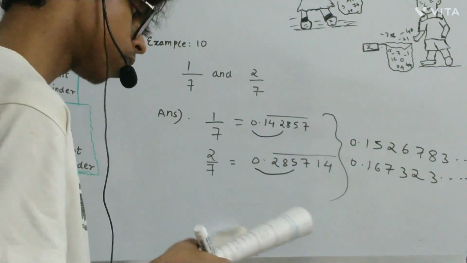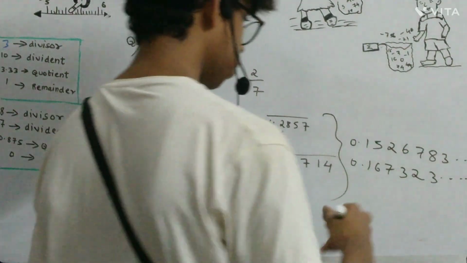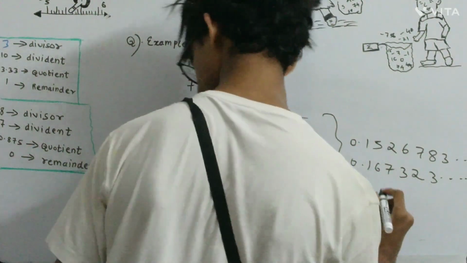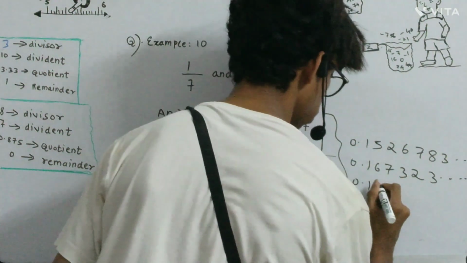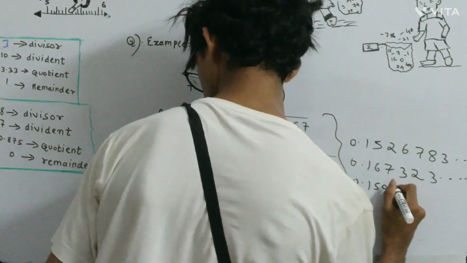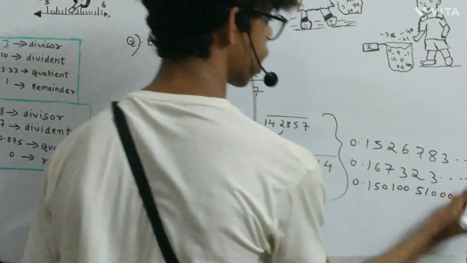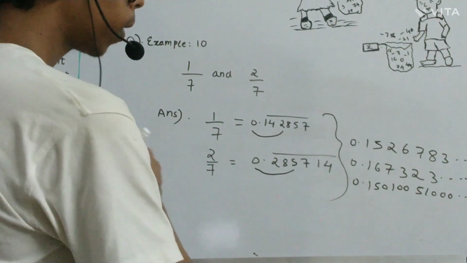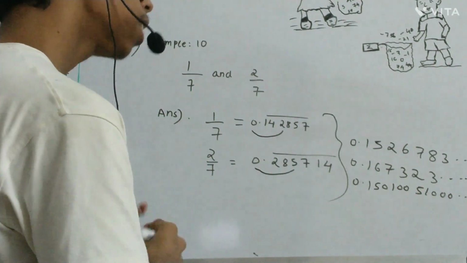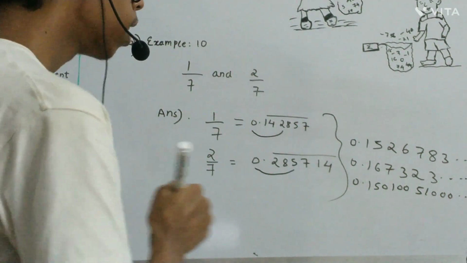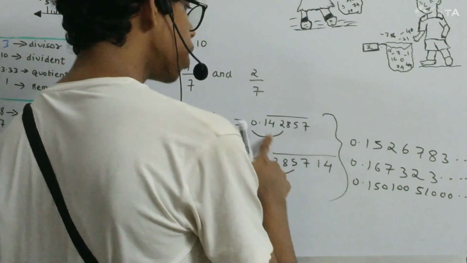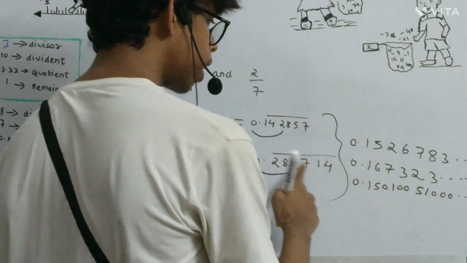Similarly, one example which is given in your text is about 0.15010050001, etc., and it is going like this. Okay, basically you should remember when you are choosing the number, it should be between this 14 and 28.